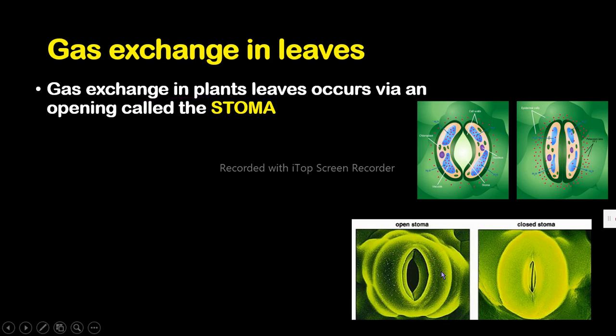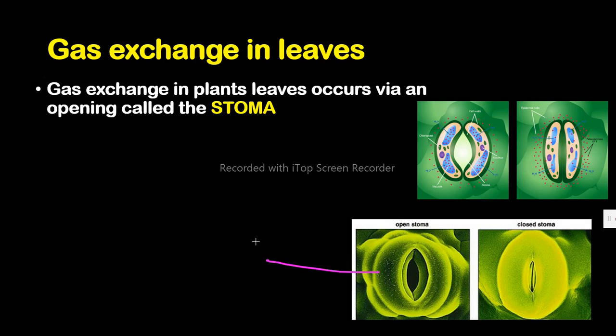This is an open stoma, and this one is a closed stoma. So here it has opened, and here it is closed. So it is this opening that allows entry and exit of respiratory gases in leaves.